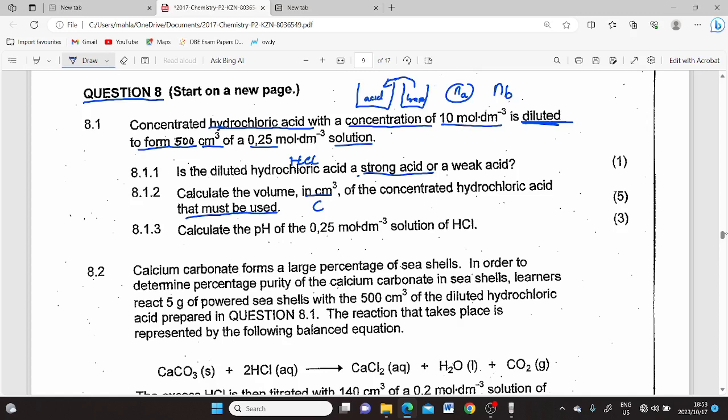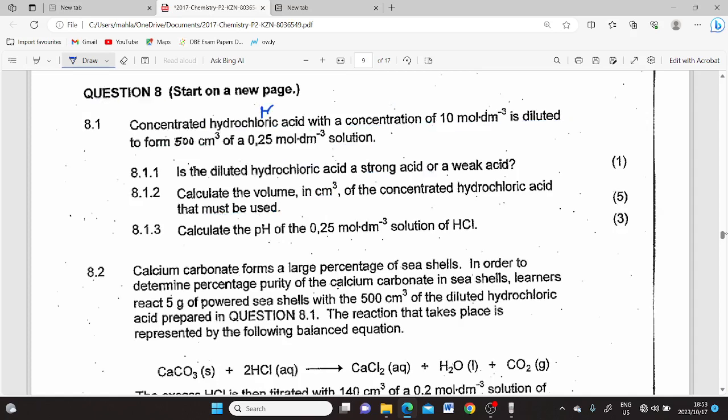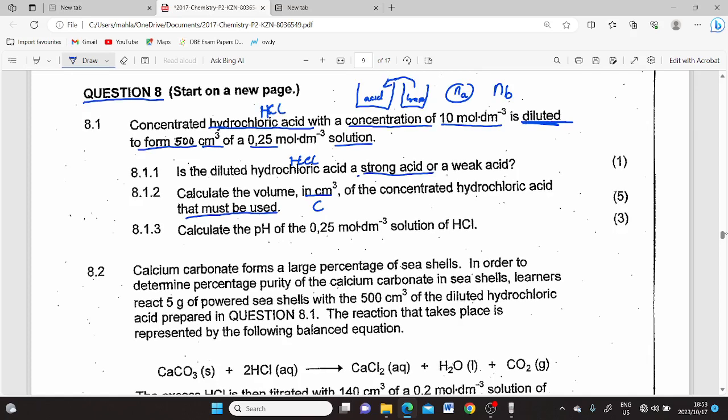So initially, concentrated hydrochloric acid, so we have HCl with a concentration of an acid here, is diluted to form 500 centimeter cube. Because this decimeter cube we cannot mix with centimeter cube, it will be 0.5.